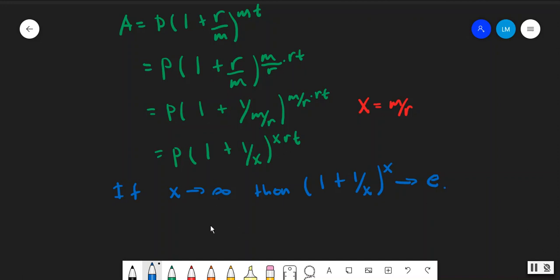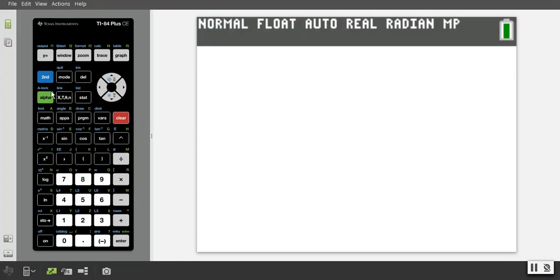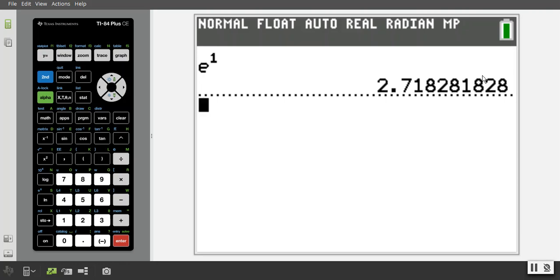Now, e is a number that is between 2 and 3. Most of the time, we just use the calculator, second ln, raise it to the first power, and it's 2.71828 and some change.